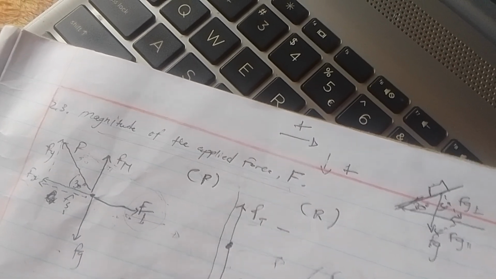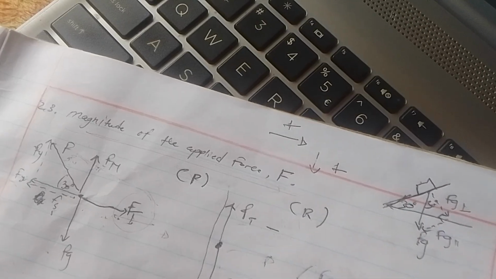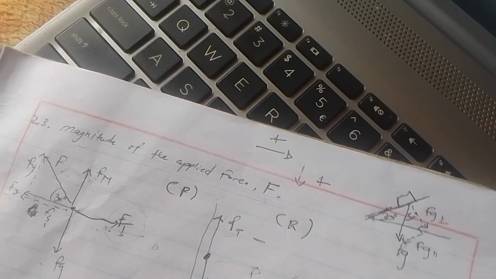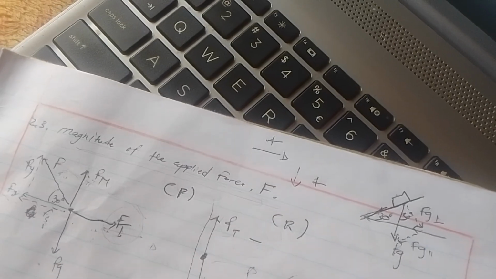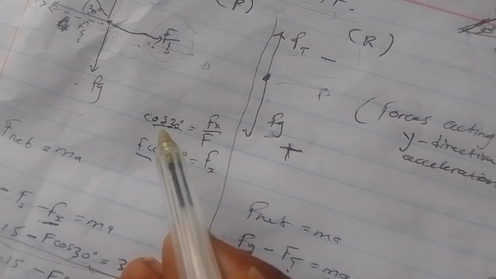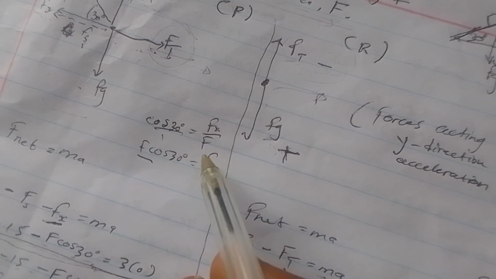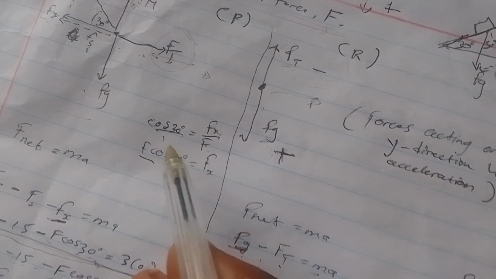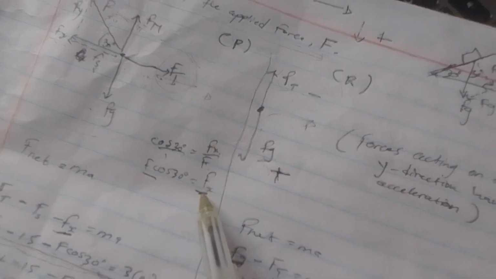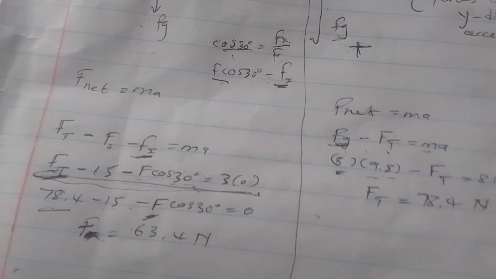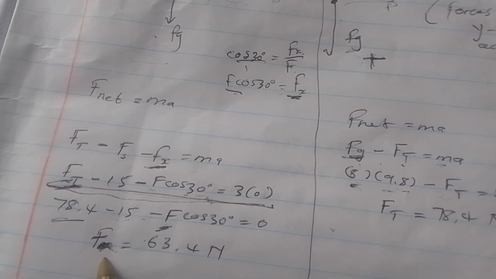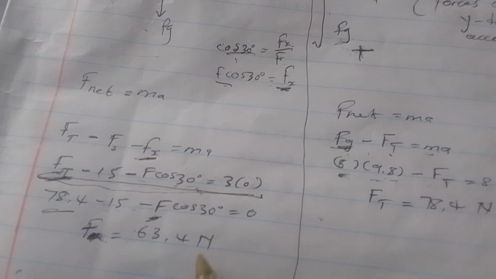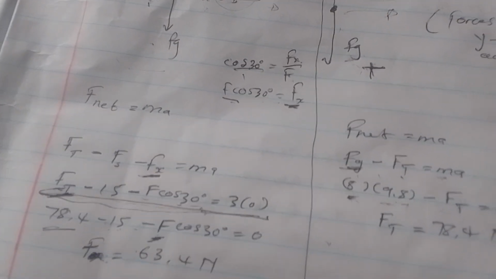As we do the cross multiplication, F is found to be Fx over cos 30. So we have our F now, which is 63.4 newtons.